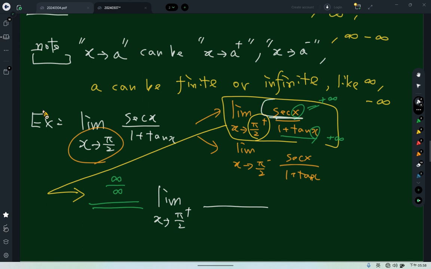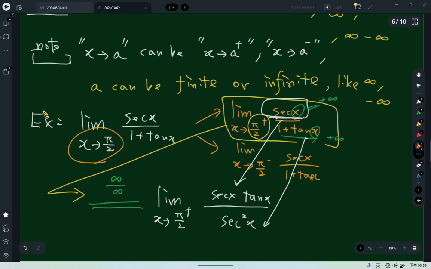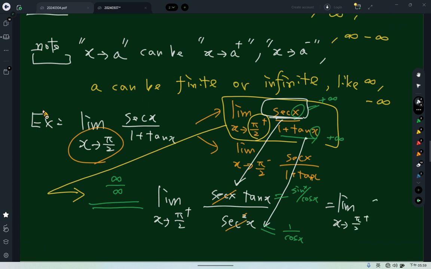When I differentiate secant x, we can get secant x tangent x. When we differentiate 1 plus tangent x, we can get secant square x. So you can just cancel. Then this part is sine x over cosine x, and this part is 1 over cosine x. So finally, the result will become the limit as x approaches 1/2 pi plus of sine x.